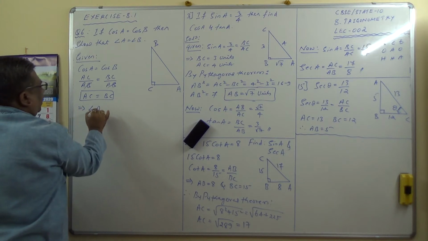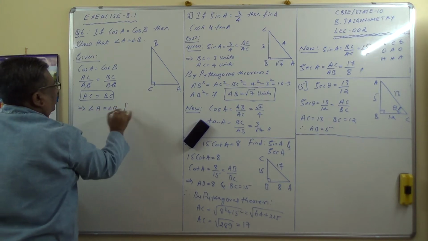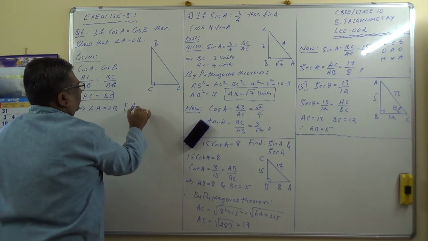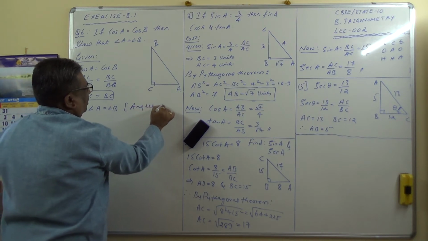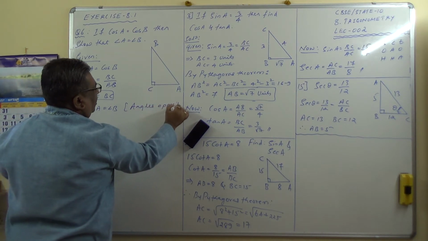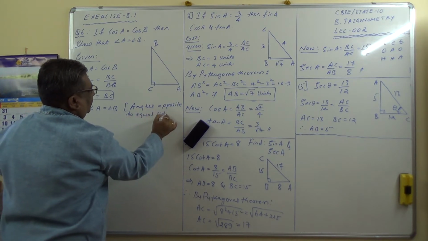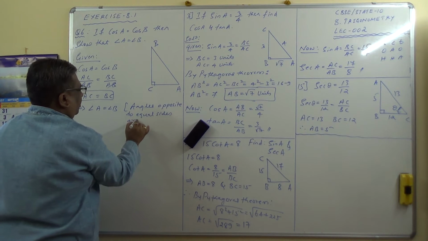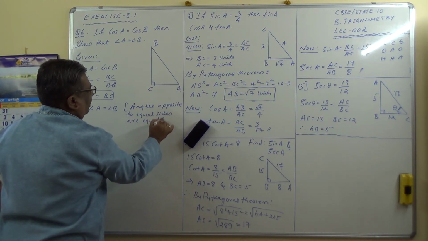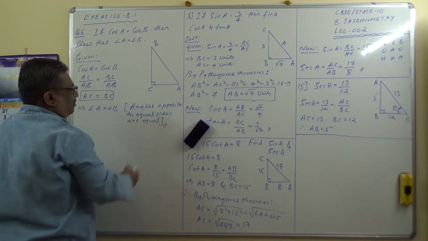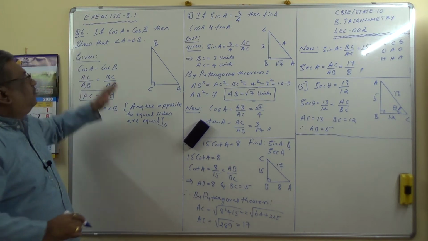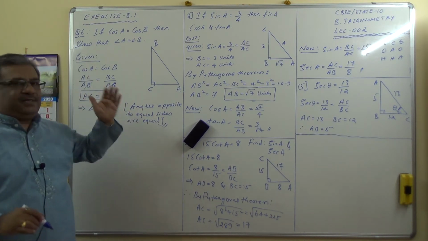This implies angle A equals angle B. Reason: angles opposite to equal sides are equal. Hence proved.